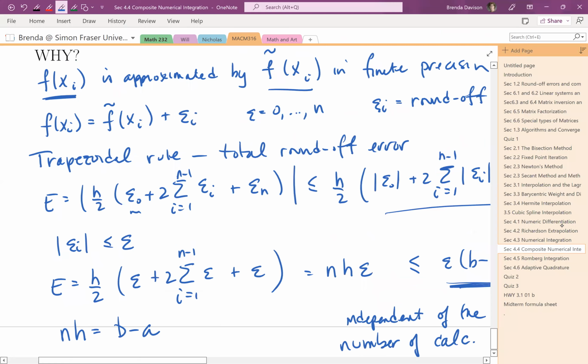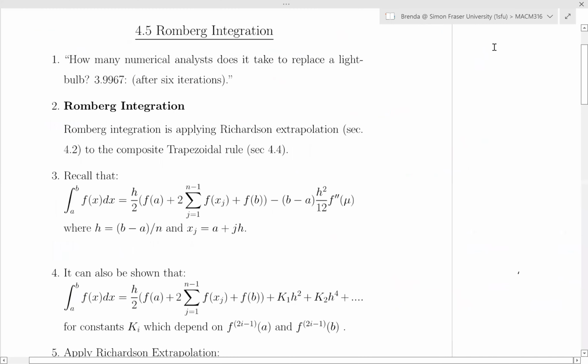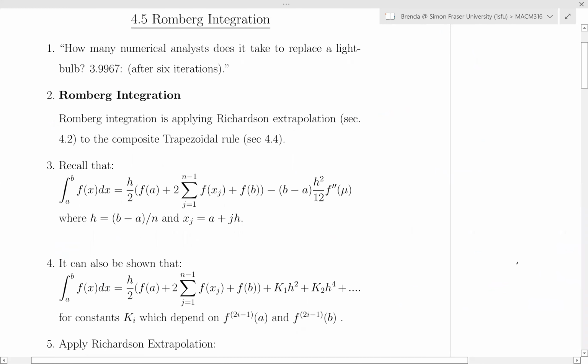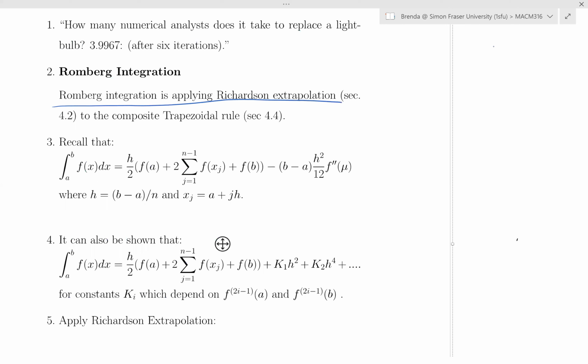This is called Romberg integration. Romberg integration is applying Richardson extrapolation to the trapezoidal rule. This is going to be method one of trying to fix the problem.